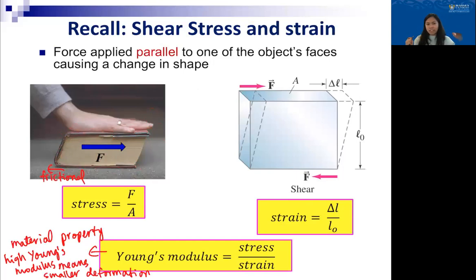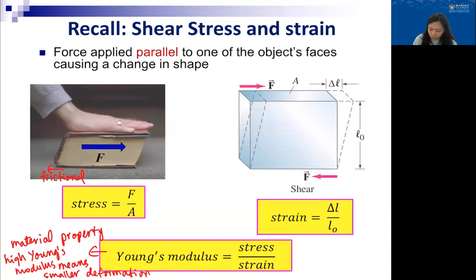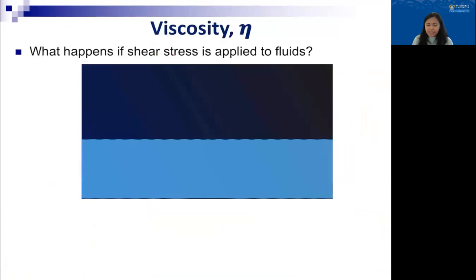Okay, you have this shear stress exerted parallel to the surface, and you have these corresponding deformations that you can see in the solid objects. Now, if we apply shear stress and strain to fluids, the deformation of the fluid is a little bit more difficult to see because the fluid is sort of continuous.